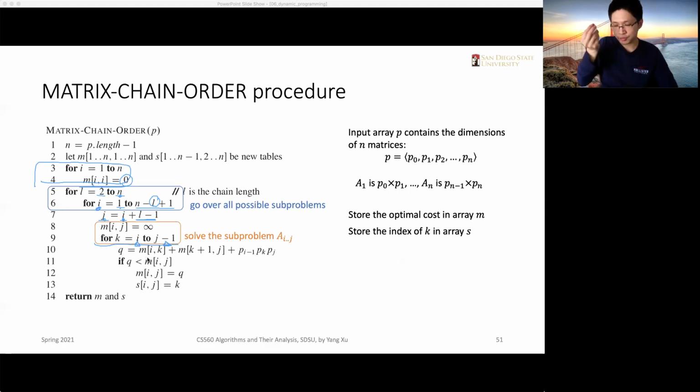Each possible way to split it gives a solution that is the summation of the left half, from i to k, and the right half, from k plus 1 to j, plus the additional cost, which is what we need to multiply the two matrices. This is the same principle as the optimal substructure that we introduced several slides ago.